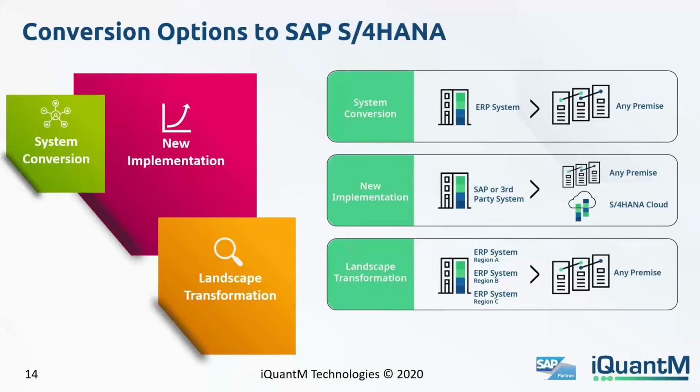All these factors are key in determining the best approach for customers to land into the SAP S/4HANA system. The predominant focus for today would be the system conversion. We will be doing a deep dive on the system conversion methods. In addition, there are options for customers to choose between new implementation and landscape transformation.